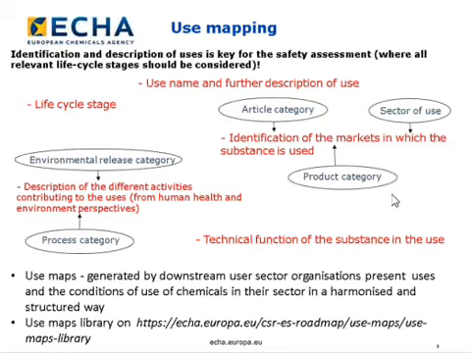Just very briefly about use mapping. It's a core for further exposure assessment. It's an identification of all uses for which a substance is used, over all life cycles of the substance, and a description of those uses to further perform the safety assessment, including an exposure assessment.